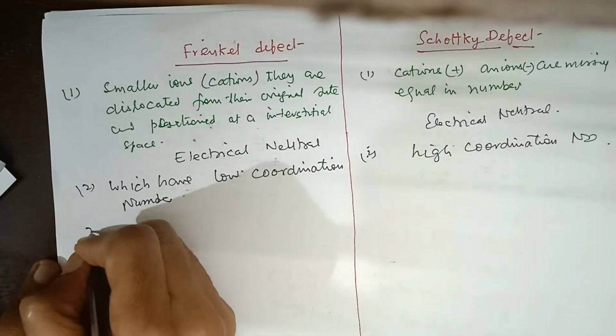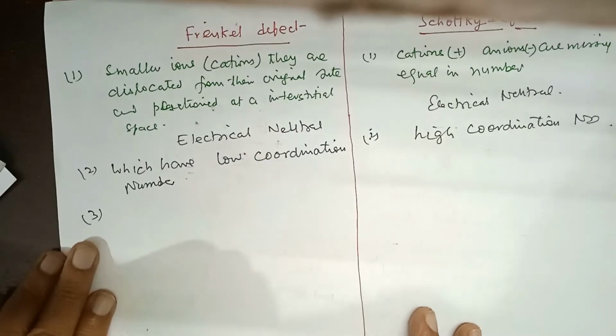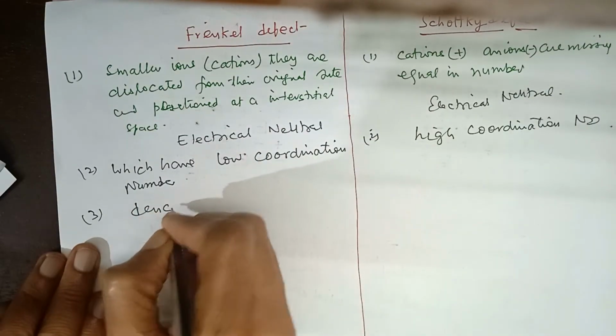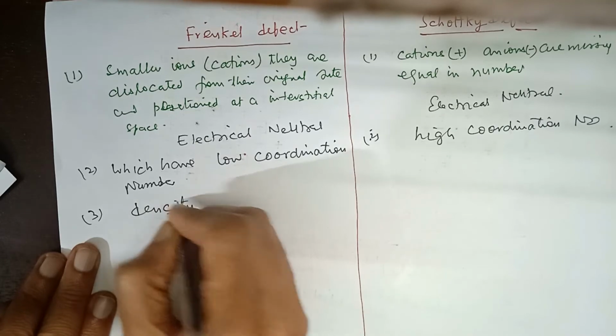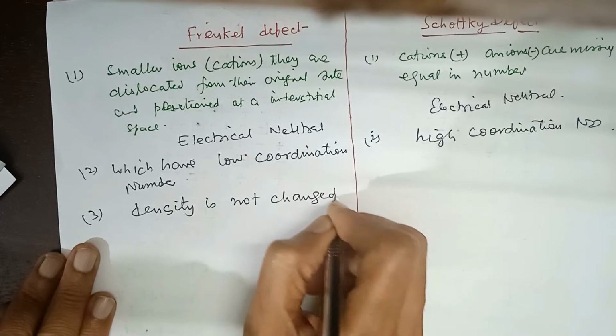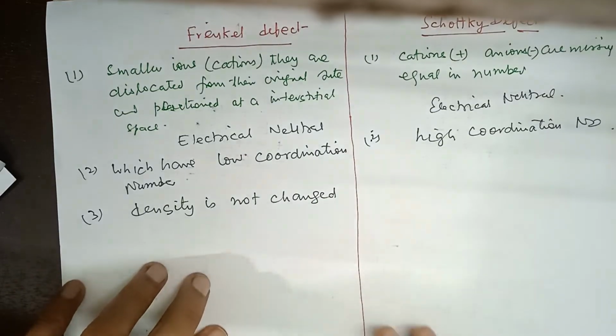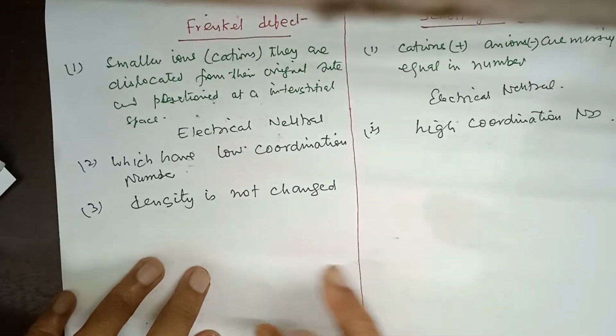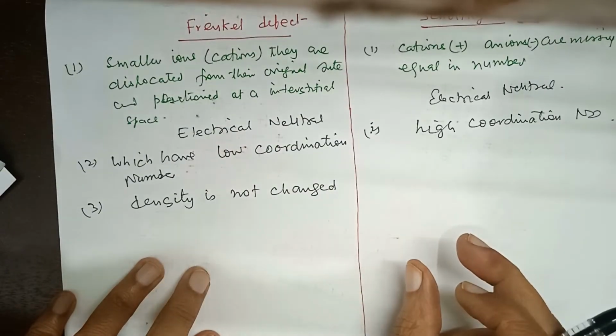Now due to Frenkel defect, density is not changed, because the ions which are dislocated from their original site take the position at the interstitial space.